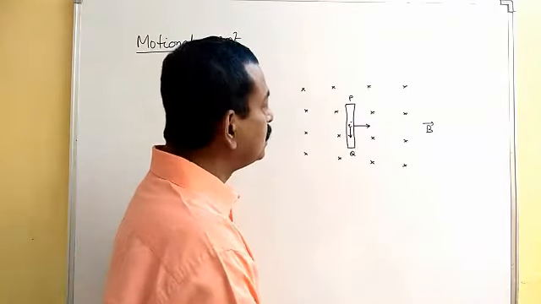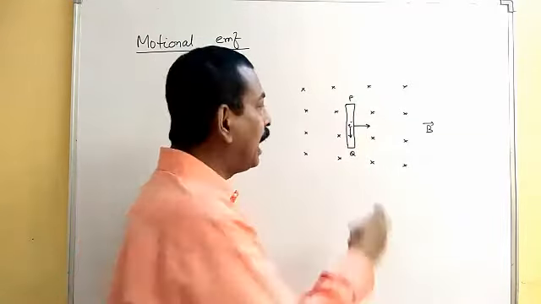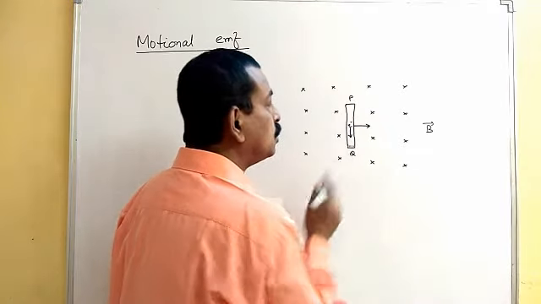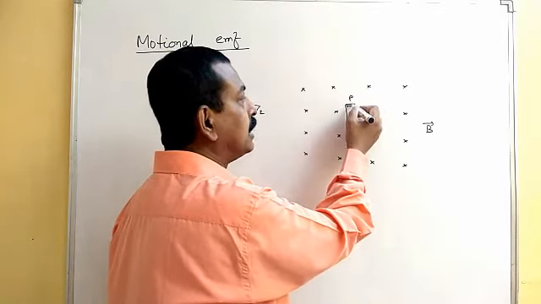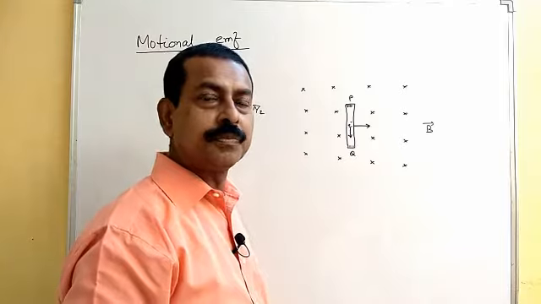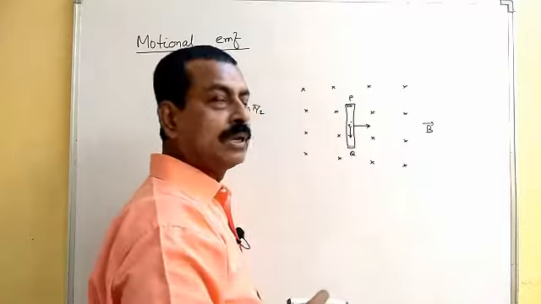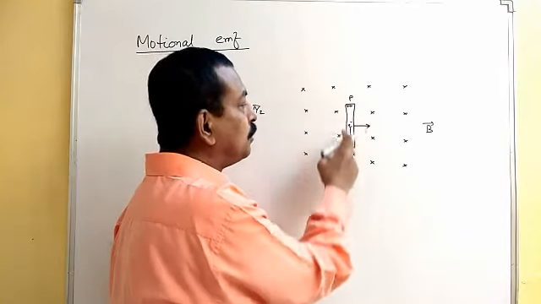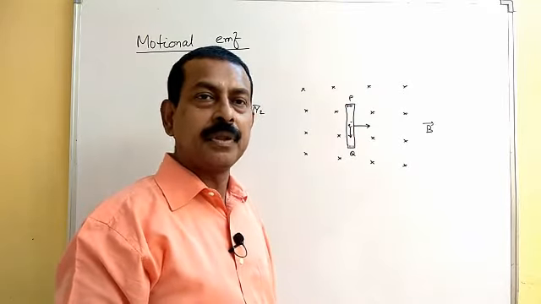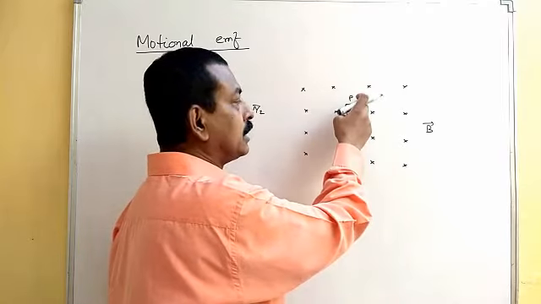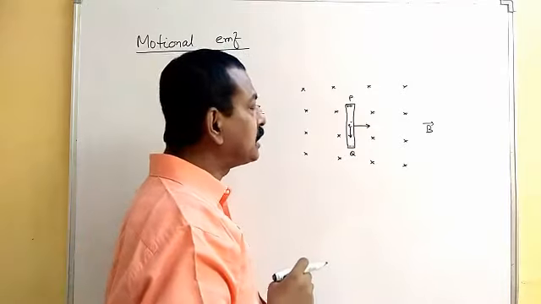So these free electrons will move towards the end Q. As these free electrons move towards this end, there will obviously be positive charges developed at the other end. With this accumulation of charges, a field is set up: here positive charges are induced, and here negative charges are developed. So they will set up a field.